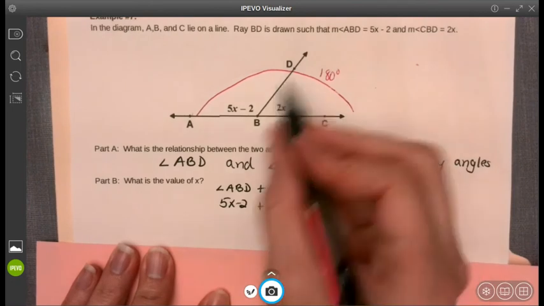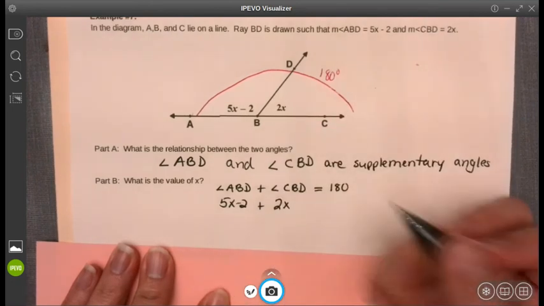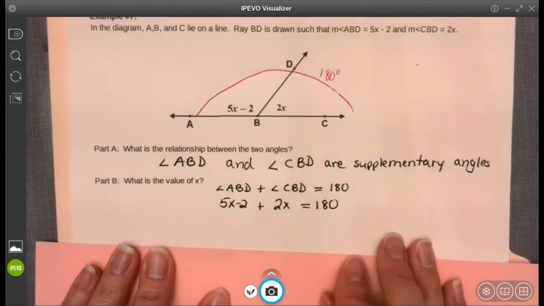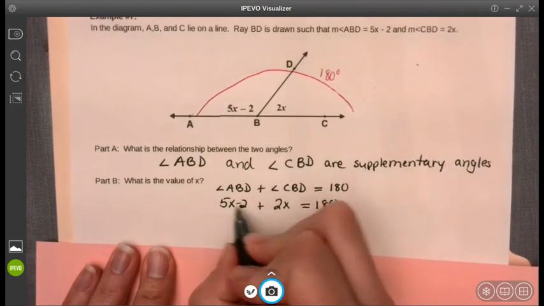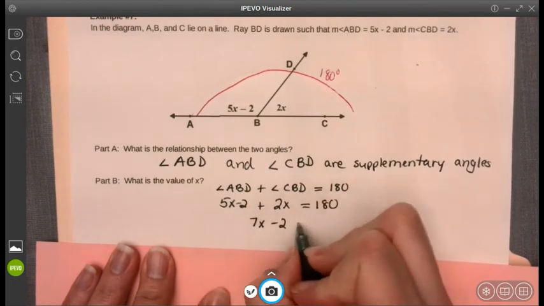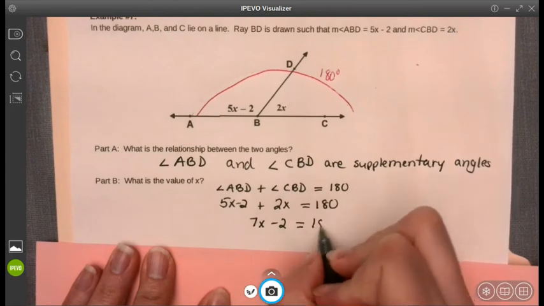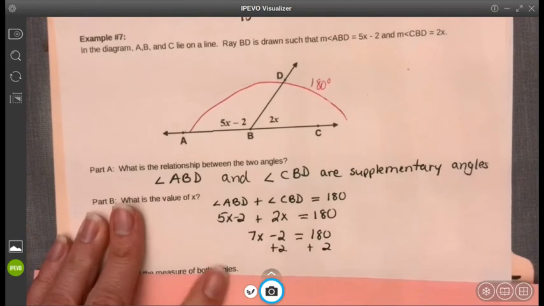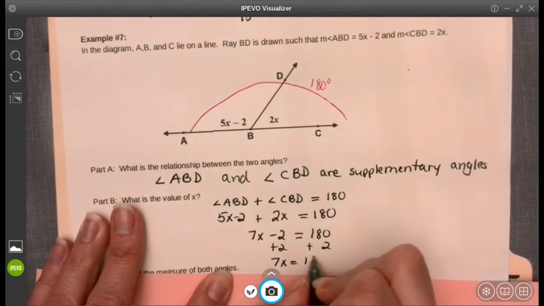They told me that CBD is 2x, so I will substitute that in. And then I have equals 180, and then I will combine like terms and solve for x. So 5x plus 2x is 7x, and then I bring the minus 2 down. So now I'm going to add 2. So that's 7x equals 182.